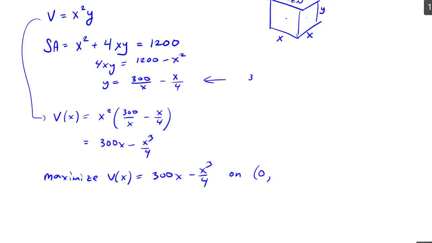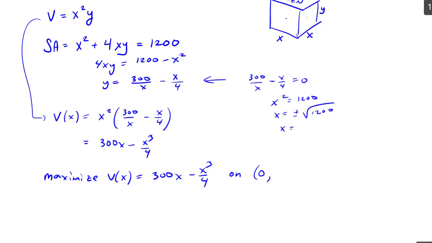So if I see when that happens, 300 over x minus x over 4 equals 0, this is going to give us x squared is 1,200, x is plus or minus the square root of 1,200.